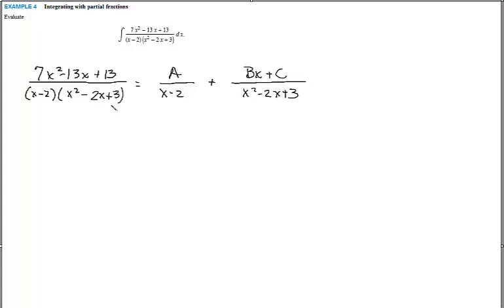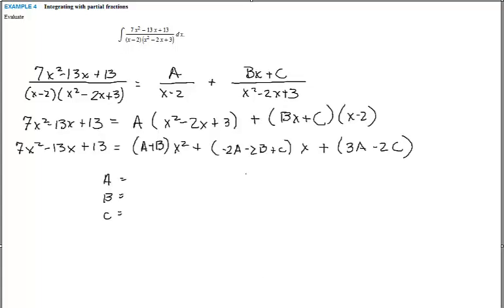So that's what I'm going to do for you. I will set this up as a system, and then I will solve for a, b, and c. This is what I get for a, b, and c.